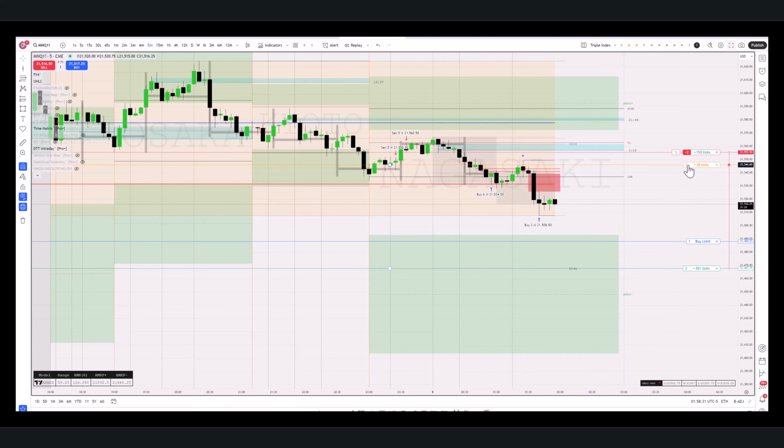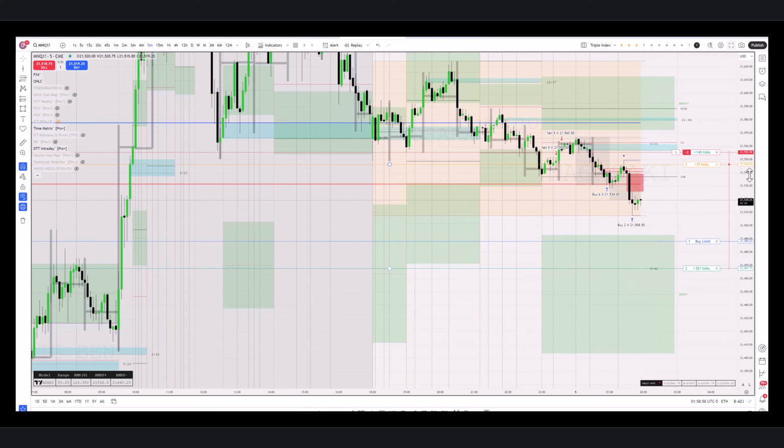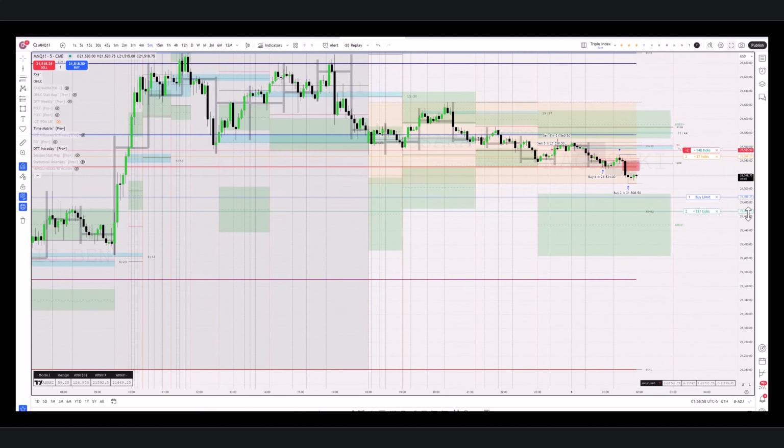It's probably where I should put it. It could spike up and wick up into these. You never know. But this is a nice heavy magnet coming now, though. For sure. Previous day's high. Equilibrium. And then low. Low's way down there.